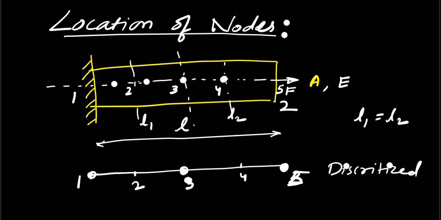For this particular case, node 2, node 3, and node 4 are optional. For that purpose, we have divided such cases. So it is about the axially loaded bar.